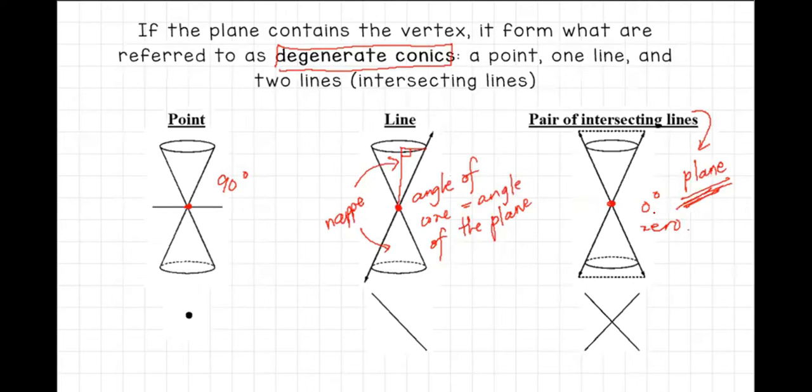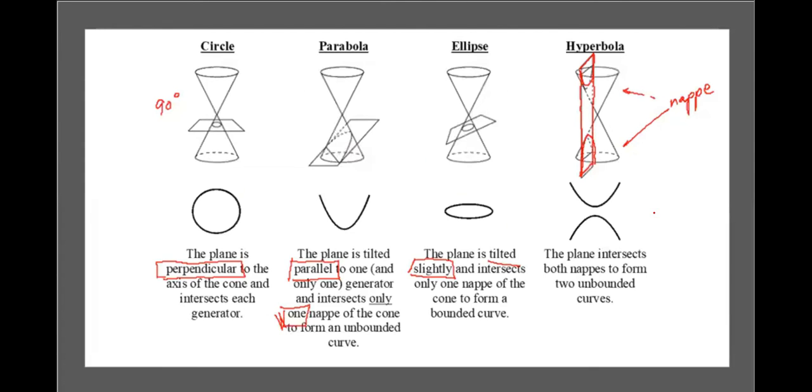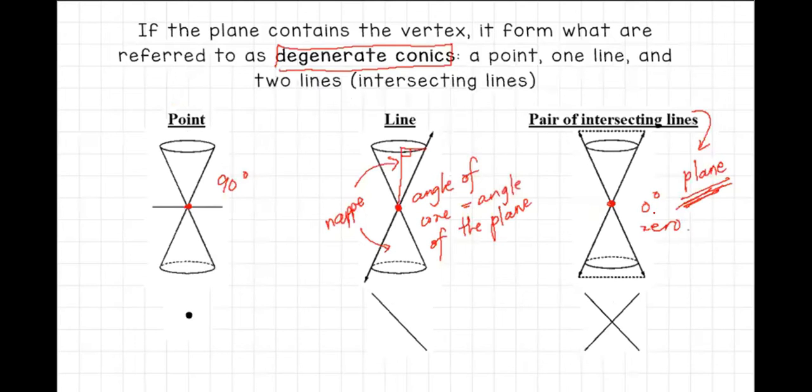So balikan ko lang, you have 4 conic sections. You have the circle, the parabola, the ellipse, and the hyperbola. And you have 3 degenerate conics, yung point, yung line, at yung pair of intersecting lines. So, ititawagin natin plane.